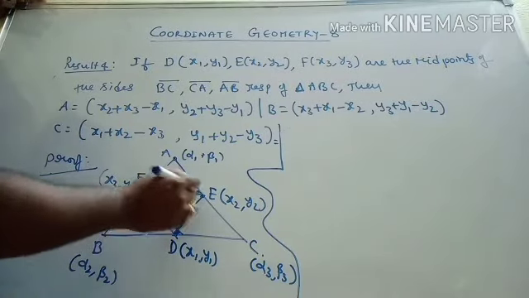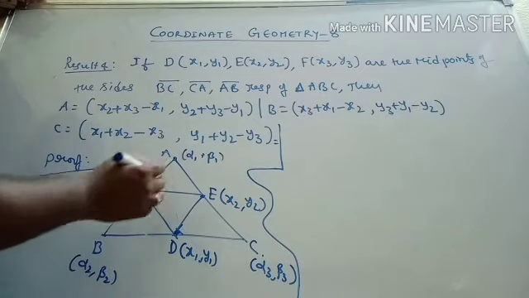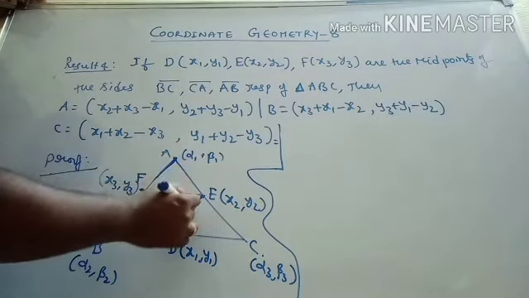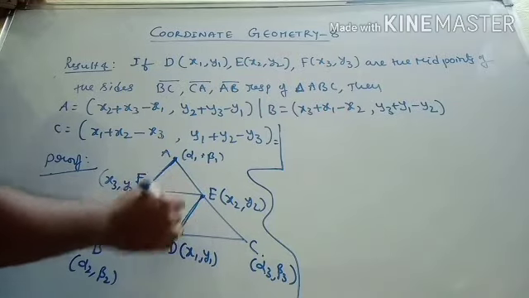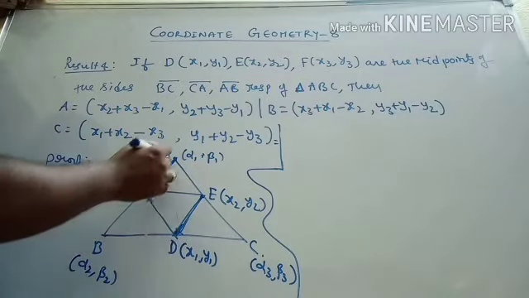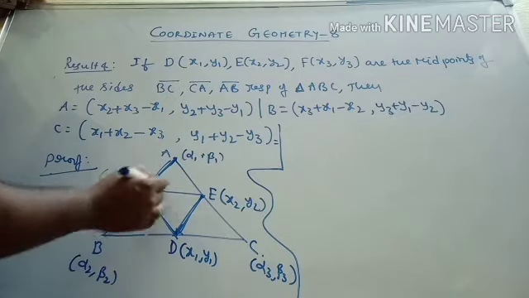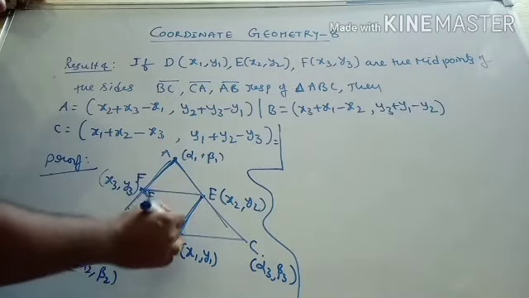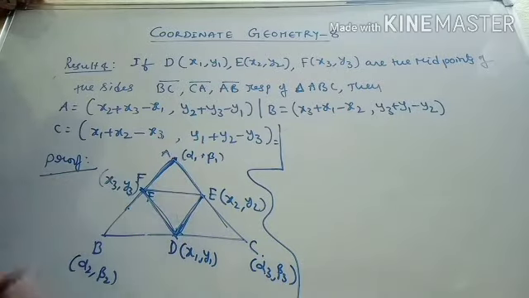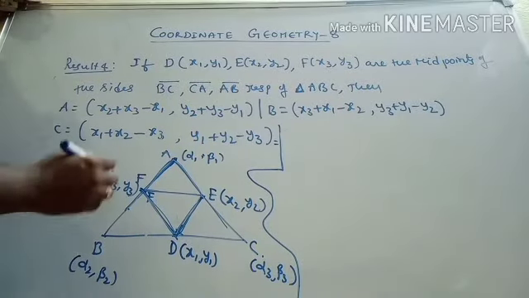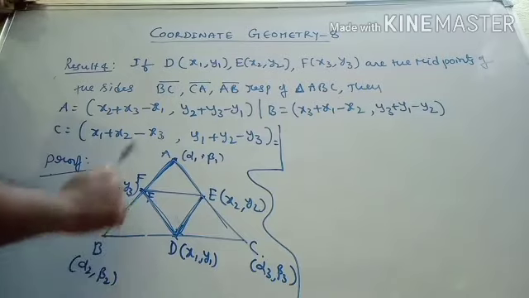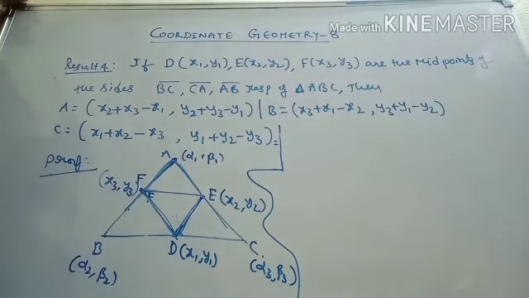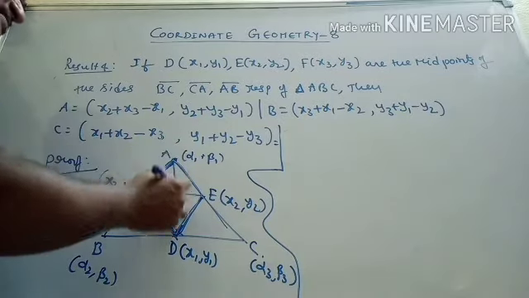If we join them, by the midpoint theorem, each line joining two midpoints is parallel to the corresponding side. Therefore AFDE is a parallelogram, and you know that the diagonals bisect each other.